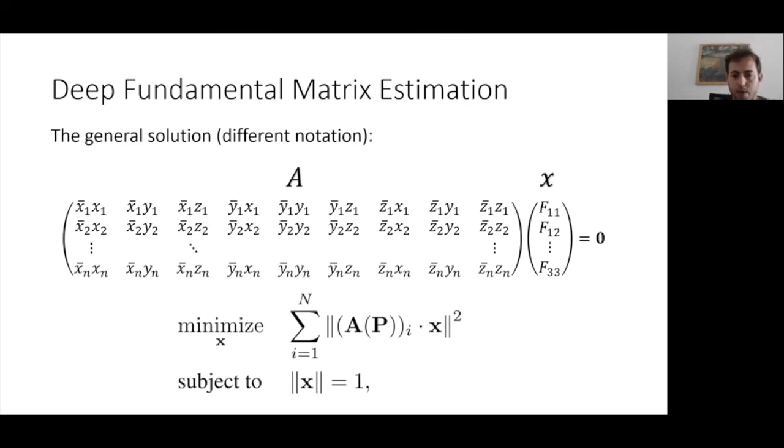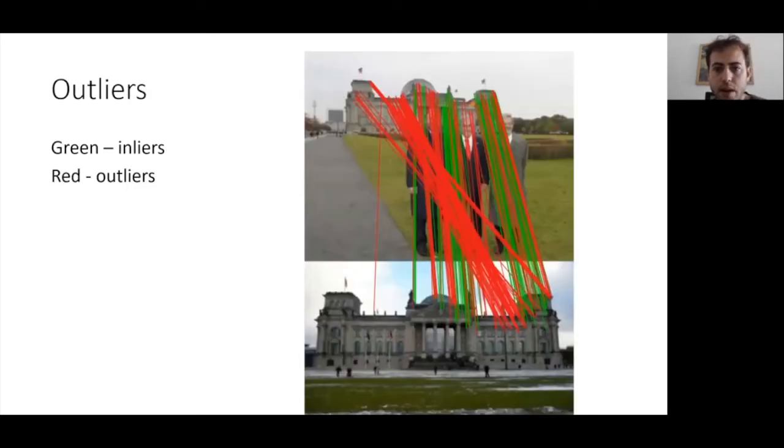So let's get back to the homogeneous least squares problem that we defined for the 8-point algorithm. In this case, we try to minimize some algebraic error, but we consider all the points evenly in this formulation. But usually there are outliers inside the set of correspondences.